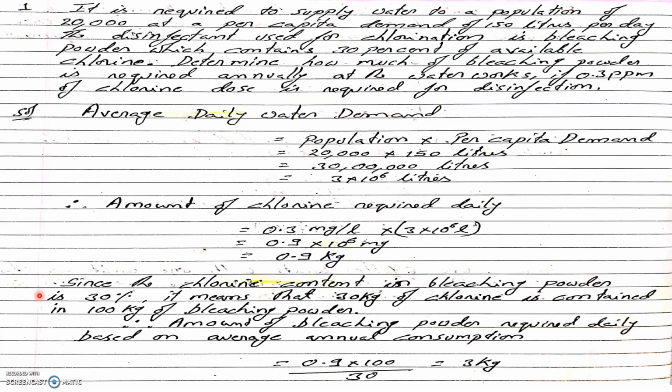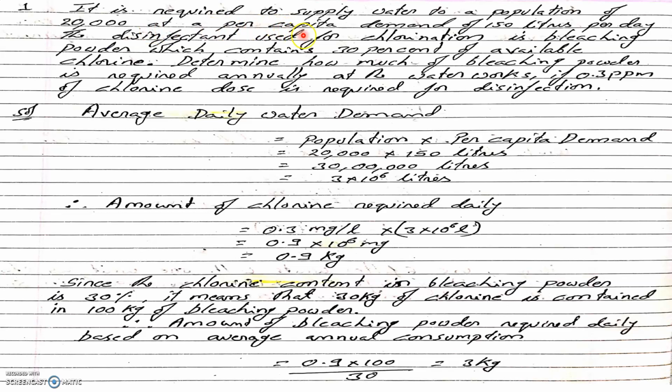Today we are going to take up the topic of problems regarding bleaching powder. So this is the first example. It states that it is required to supply water to a population of 20,000 at a per capita demand of 150 liters per day.